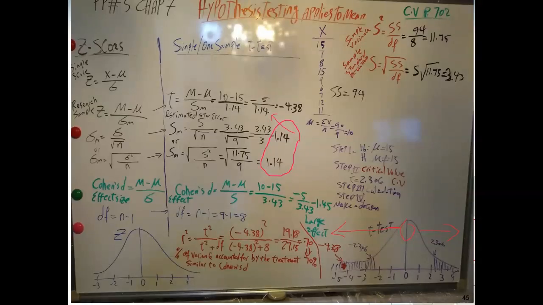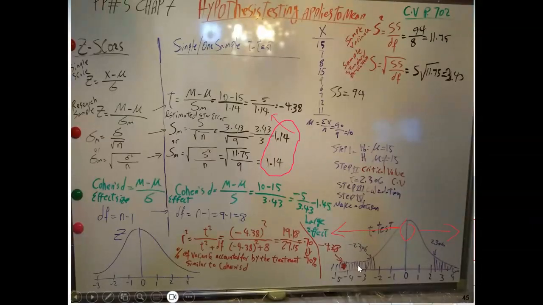Negative 5 divided by 1.14 is negative 4.38. That's your calculated t, and we're on the negative side. So step 4, make a decision. Look at that distribution. We know the rejection zone started at negative 2.306.